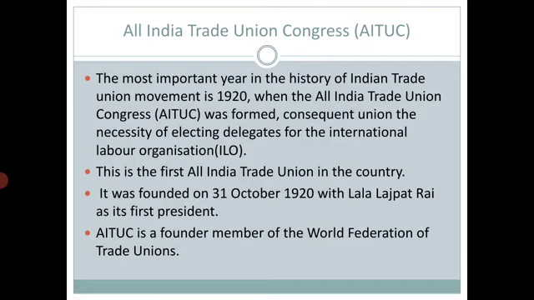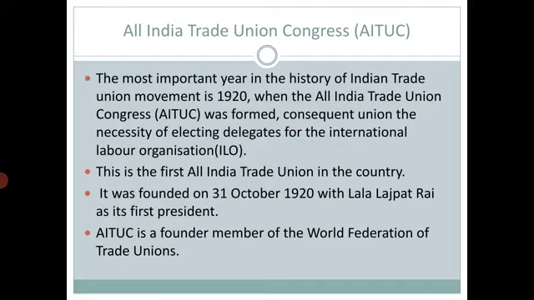See, whenever we consider AITUC, that is All India Trade Union Congress, this is the first trade union in the country which is at national level. Then when was it founded? It was founded on 31st October 1920, under the leadership of Lala Lajpat Rai, who was the first president of this trade union.